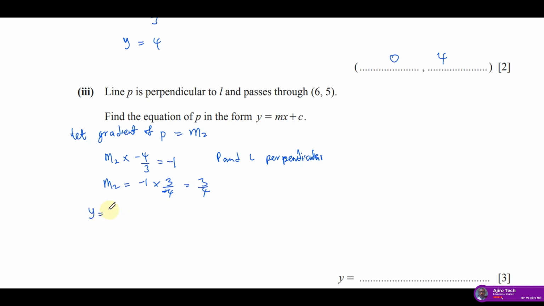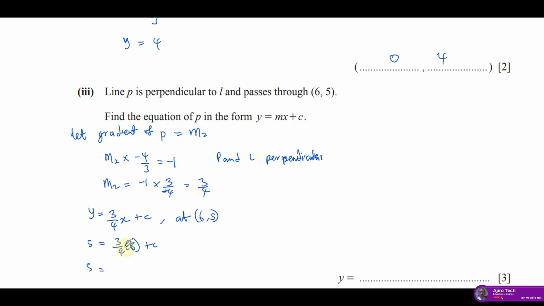So you have y equal to 3/4x plus c. And then you have the point 6, 5. When x is 6, y is 5. So I put 5 for y and 6 for x: 5 equals 3/4 into 6 plus c.